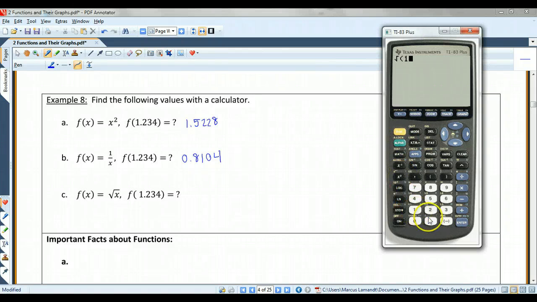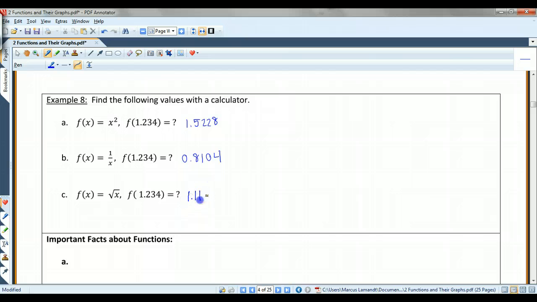Square root of 1.234. There we go. So 1.1109. Okay, so these are all approximations.